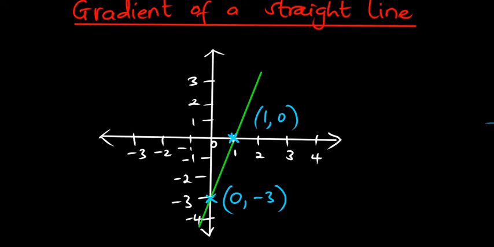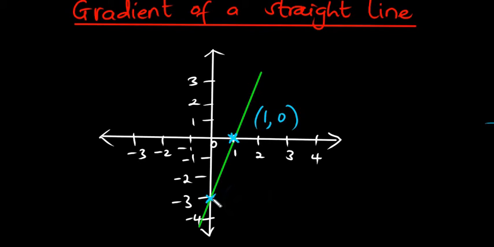So how do we do so? We need to get the change in x and the change in y. What do we mean by the change in x and the change in y? Let's go back to where we have point (0, -3).